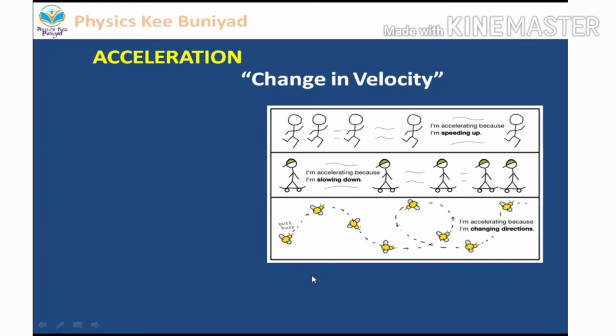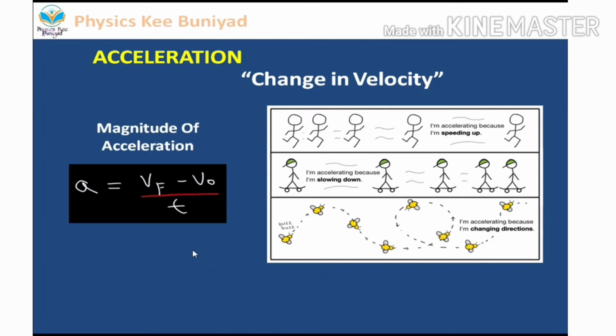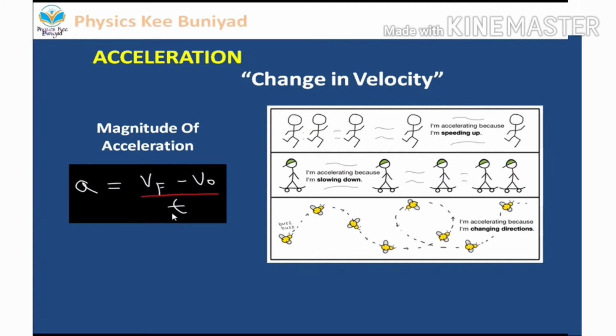Then we will look at how to calculate the magnitude of an acceleration. This is the simplest formula: the acceleration is the final velocity minus the initial velocity, divided by time.